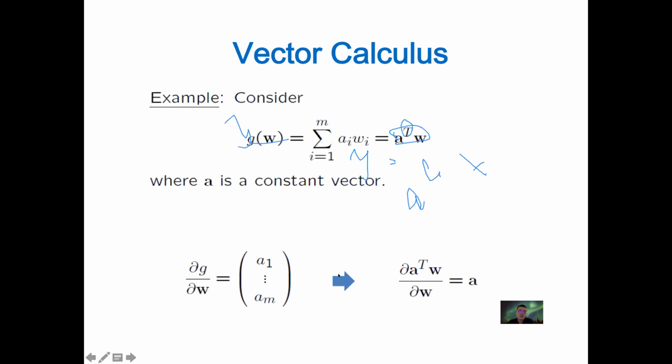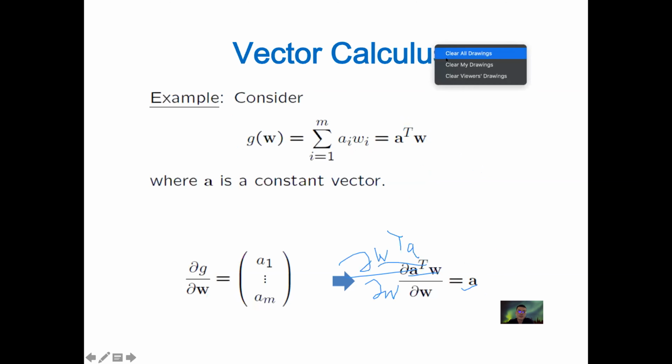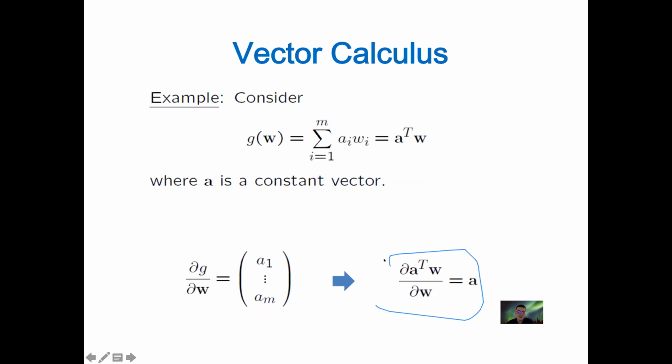There is also something more general: if you take W transpose A and take the partial derivative, it is still A, because in the product W transpose A and A transpose W are the same. There are different variants of this, but as long as you remember this one, you can derive all the others.